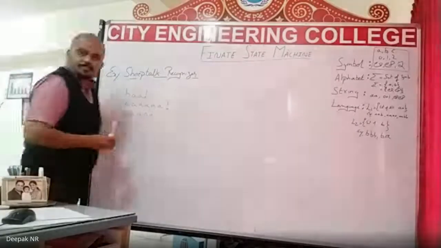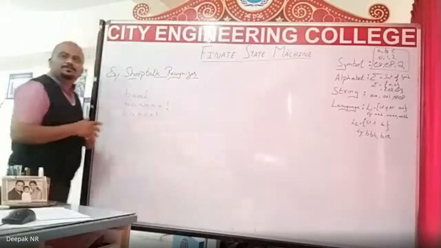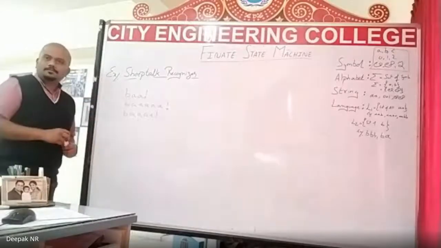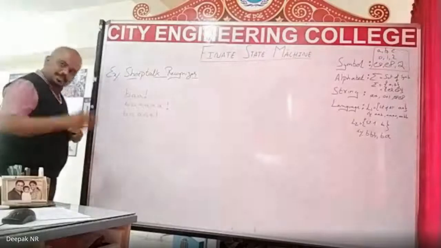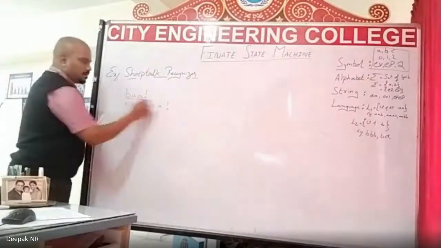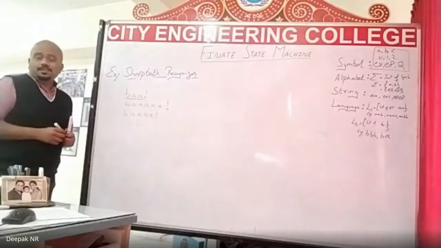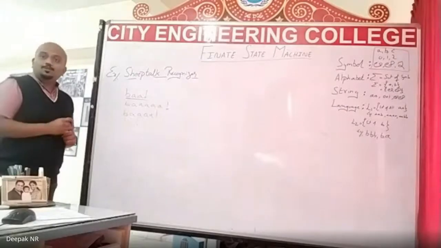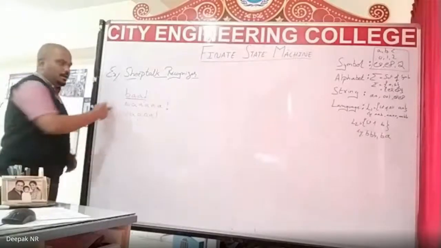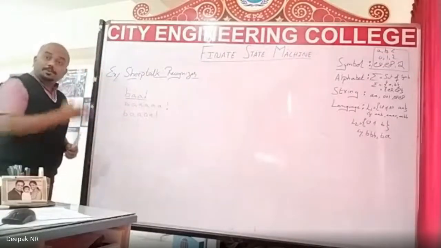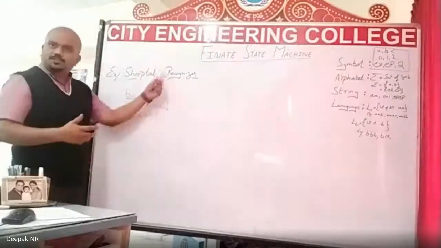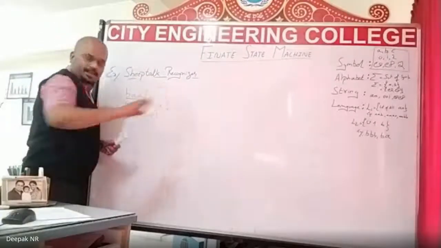Don't you feel whenever a sheep speaks, it speaks only in this manner? Baa, baa. For example, a lazy guy will say only ba. Why waste my energy? And a guy with more energy says baaa. This is a good example. So let me design a machine for a sheep talk recognizer.